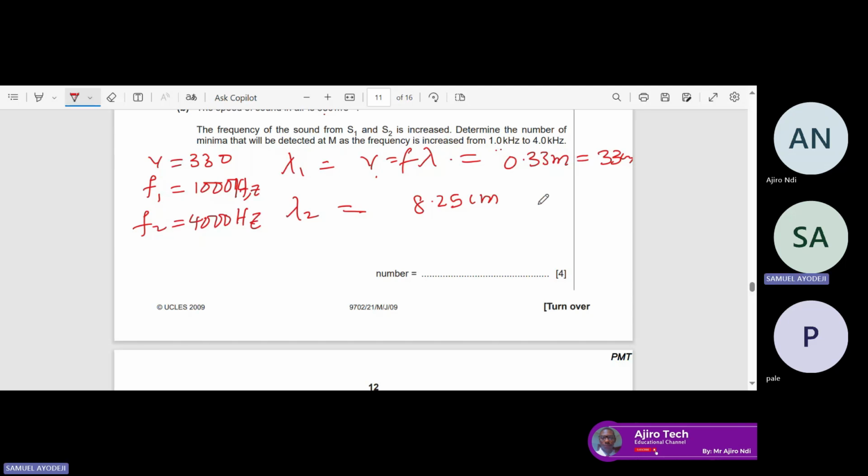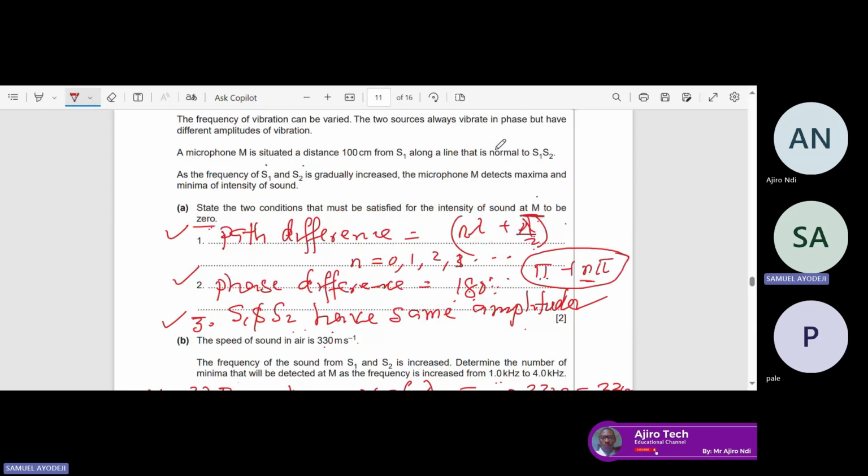If I want to make use of this, between the 28 and this, I have a maximum of 33 down to 8.25. Now let me convert this 28 centimeter. That's the path difference.